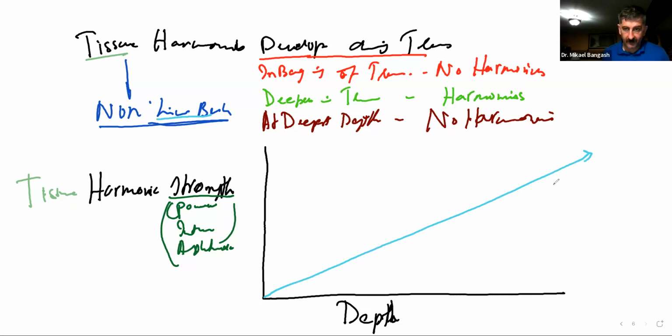Had our graph been like this, there would have been a linear relationship between the strength of the harmonics and the depth. Just for an example, this will be 0 centimeters, then 1 centimeter, 2, 3, 4, 5, 6, 7 centimeters. Just give me a sec, ladies.